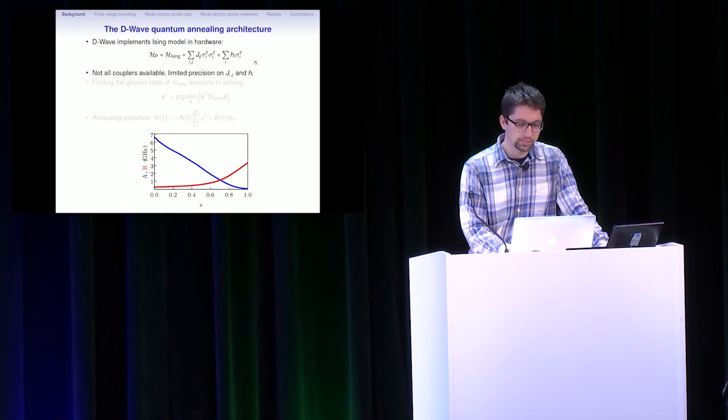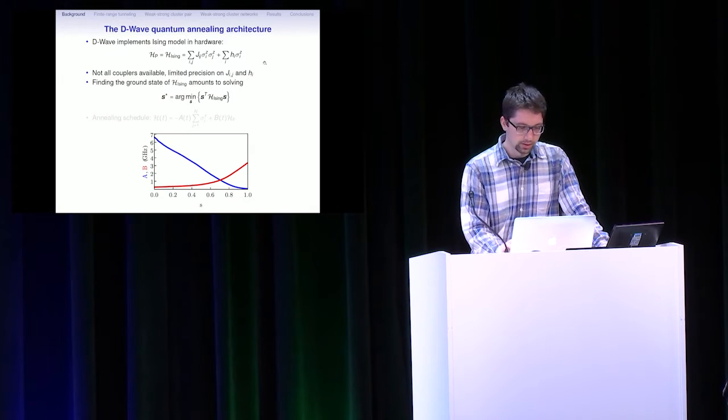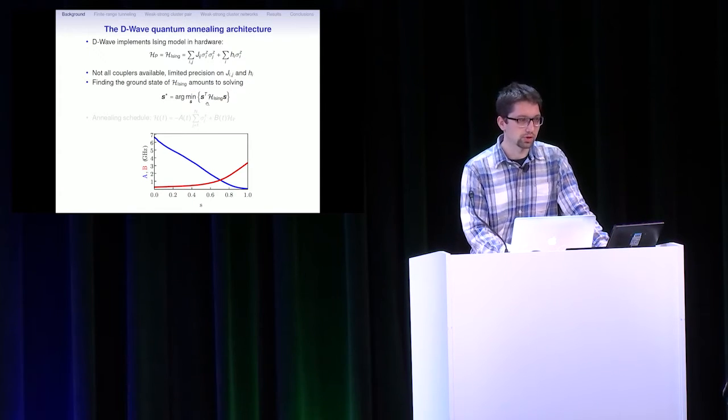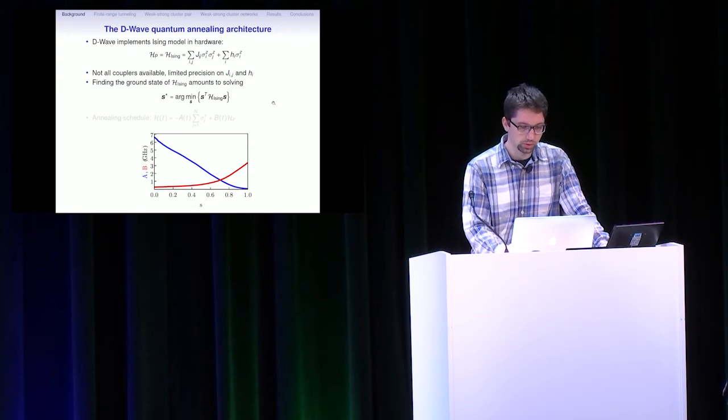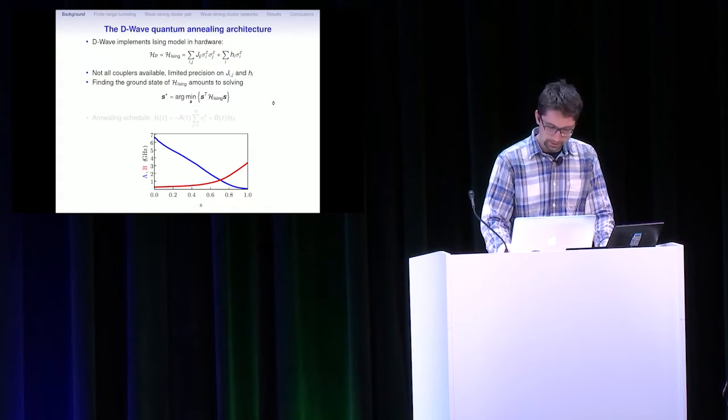And also there's a limitation on the precision of the couplers and local fields that you see here in these terms. When we find the ground state of this Ising Hamiltonian, what we're doing is solving this optimization problem. So this is from the perspective of optimization. So this is what we would be doing if we were to find the ground state.